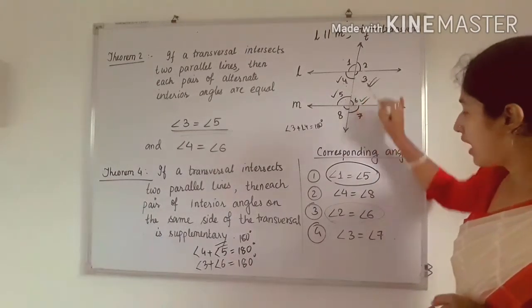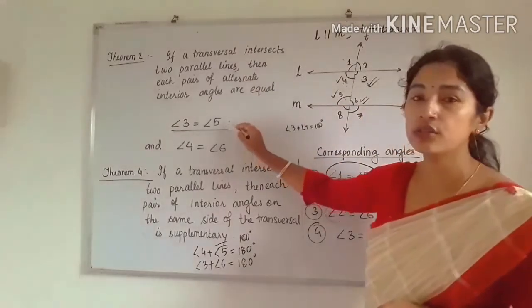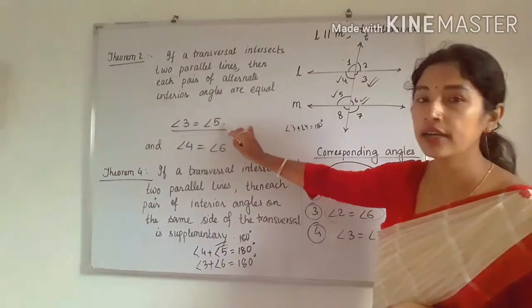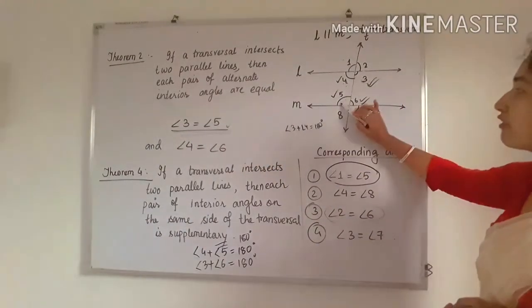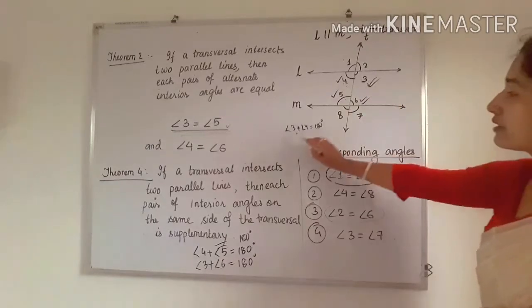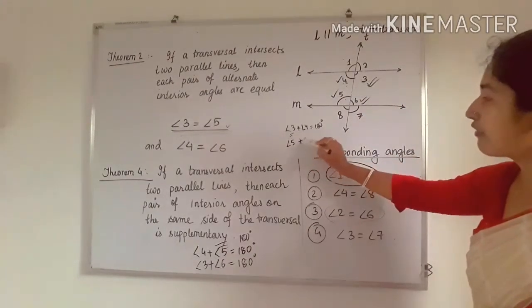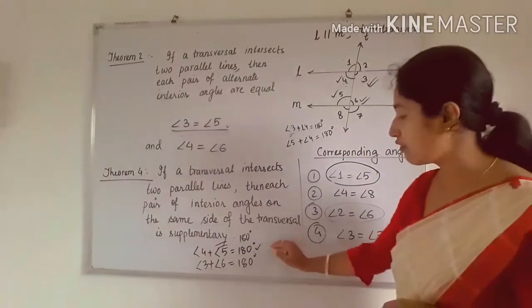Angle 5, as they are equal according to this theorem. Okay. That means they are forming what? Alternate interior angles. So angle 3 is also equal to angle 5. So in place of angle 3, what can we write? We can write angle 5. So by that way, angle 5 plus angle 4 will be what? 180 degrees. So this is the first proof.